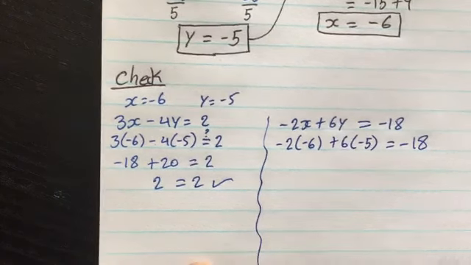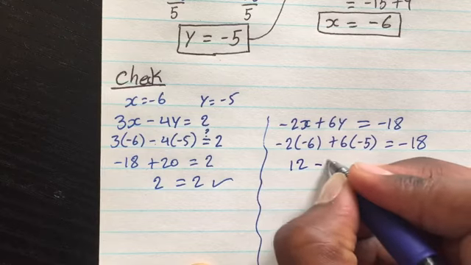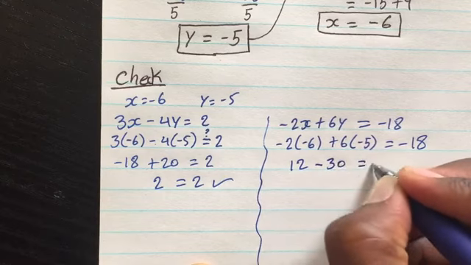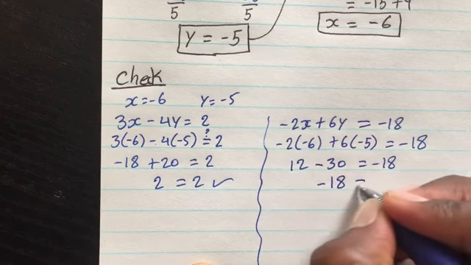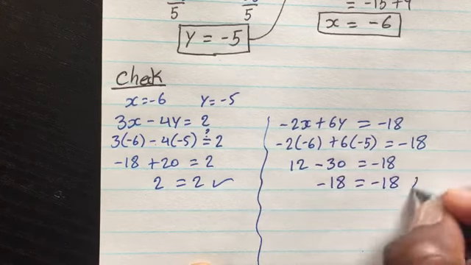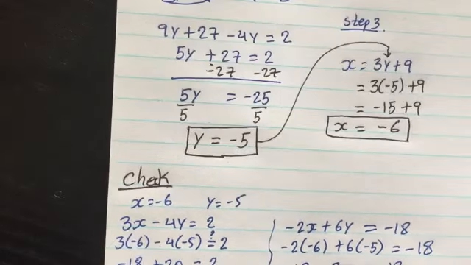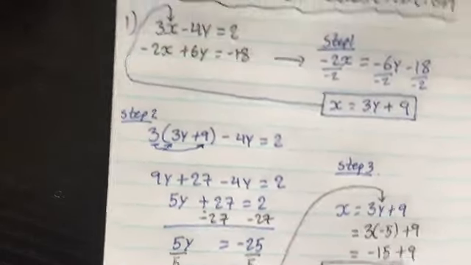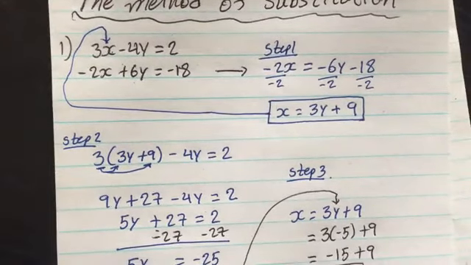Is this true? Well, you get a positive 12 minus 30 equals negative 18. Well, that's negative 18 equals negative 18. So that satisfies the second equation as well. So that is how you solve using the substitution method.